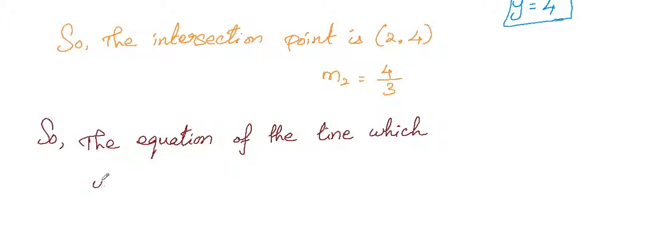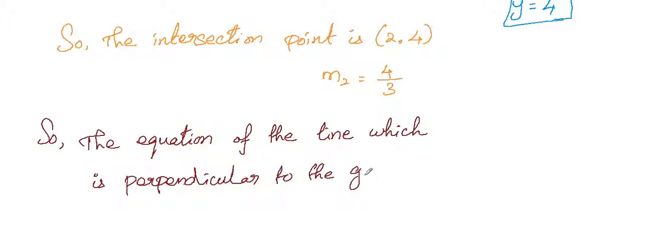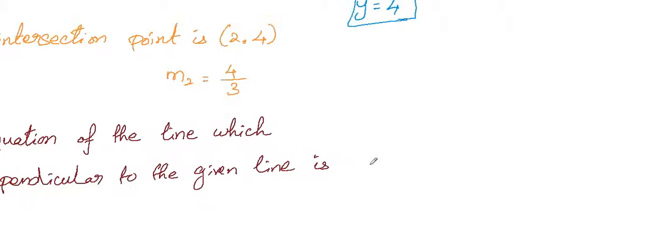So the equation of the line which is perpendicular to the given equations: just write down the formula, y minus y1 equals m into x minus x1.